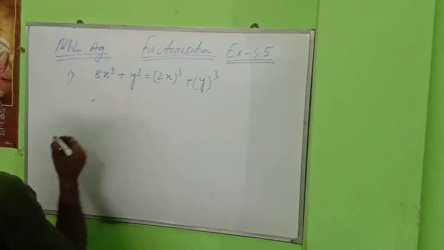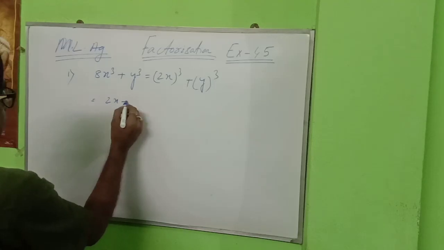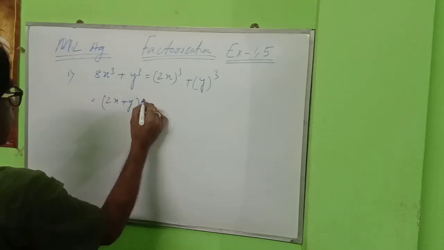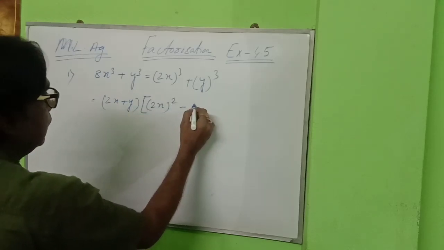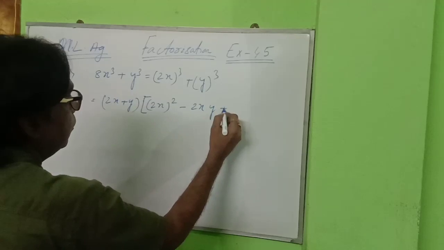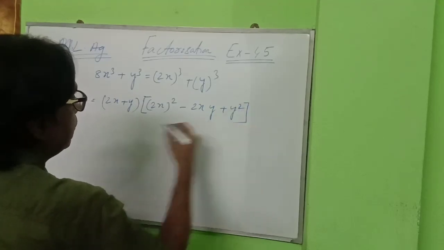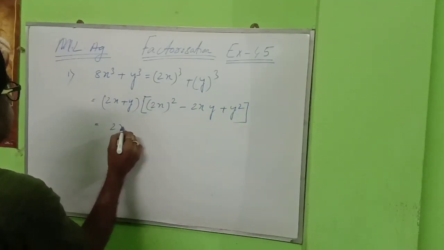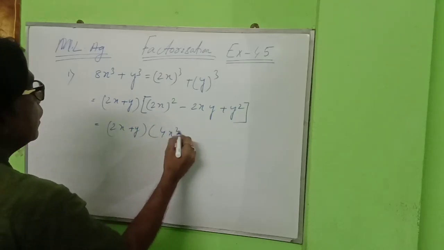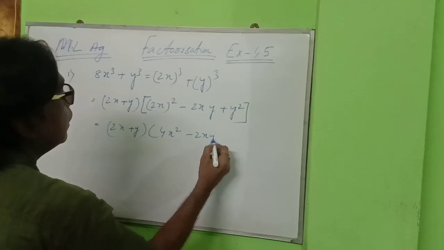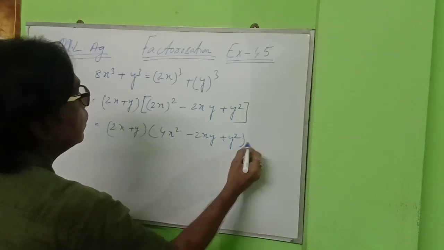A cube plus b cube is a plus b whole into a square minus ab plus b square. Now open the bracket here: 2x plus y, this will be 4x square minus 2xy plus y square.